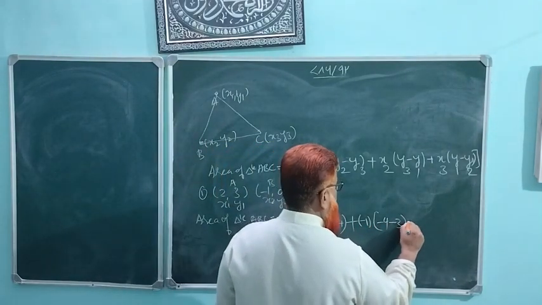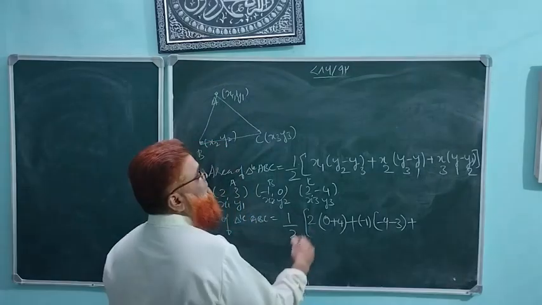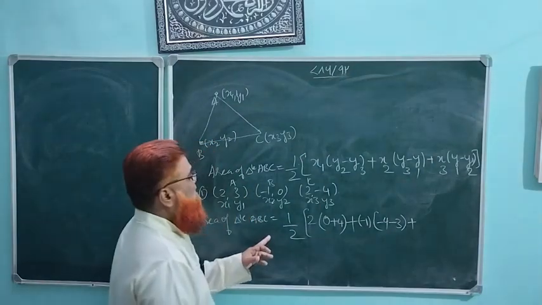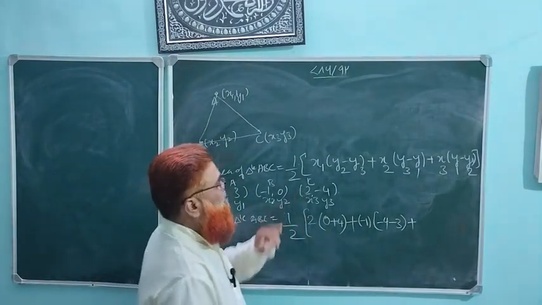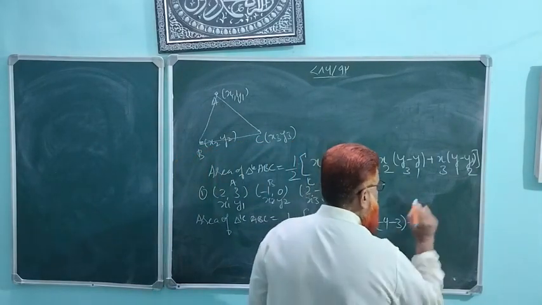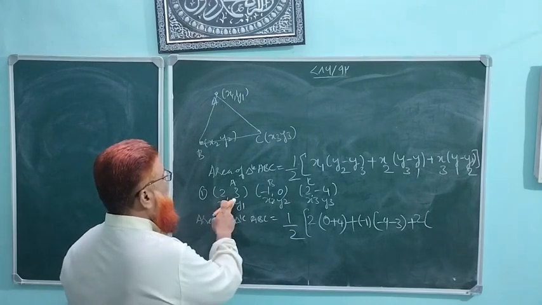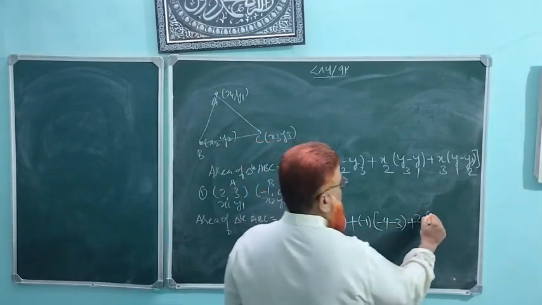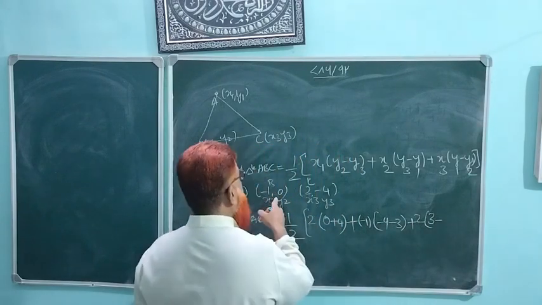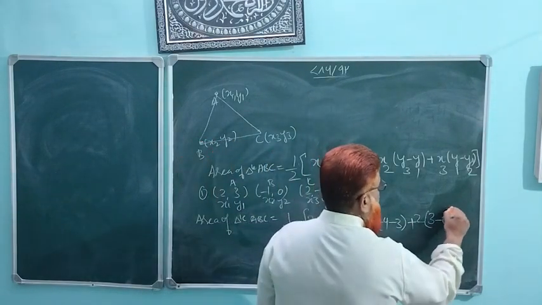This is minus 3, plus the third one is x3. Find what is x3 here. It is 2. 2 into y1 minus y2. y1 is 3, minus y2 is 0.